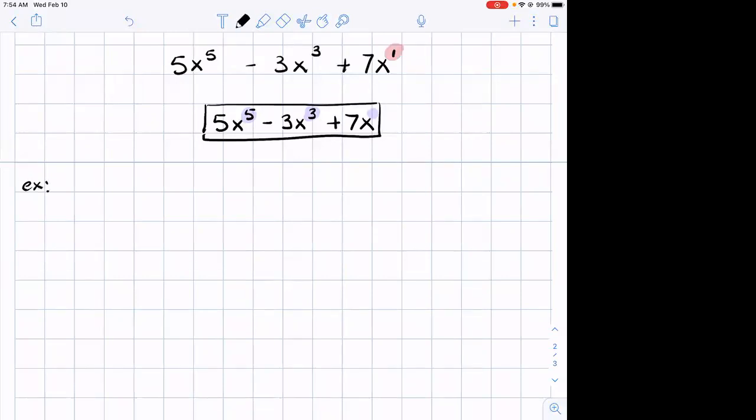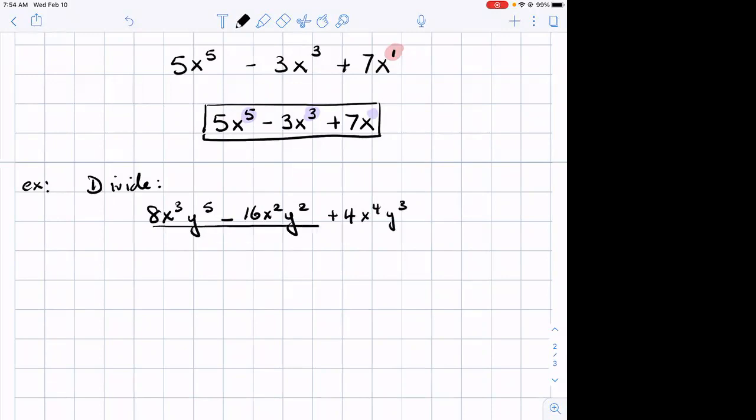Say we have 8x cubed y to the 5th minus 16x squared y squared plus 4x to the 4th y cubed, and we want to divide all of this by negative 2x squared y.